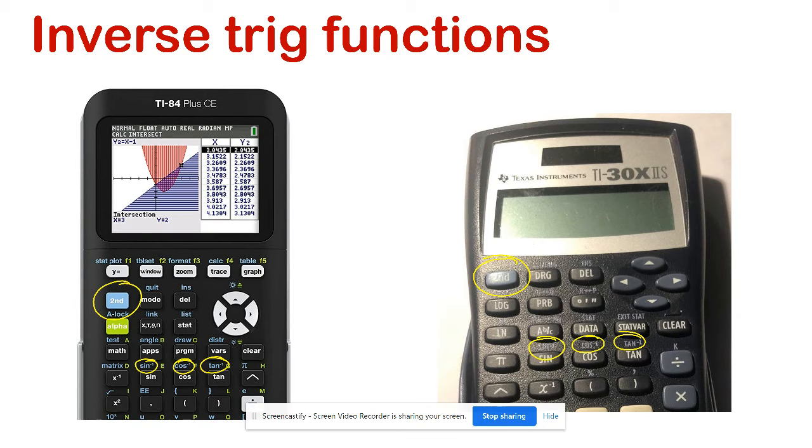If you have a TI Inspire, you're going to have to pull up the Trig menu. There's like a Trig button. It'll pull up a menu, and the inverse functions will be there. And I can look for a video that'll explain that if you need that. But this is how you do it on your other graphing calculators and your scientific calculators. You can also use the Google calculator as well.